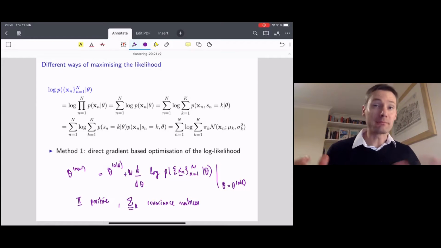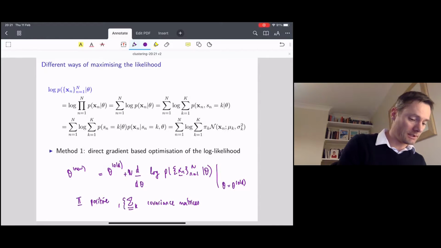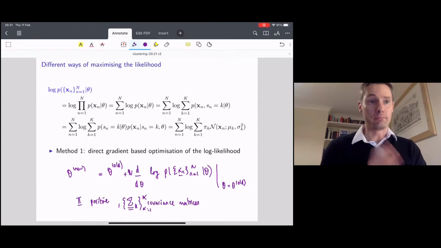So we'd have to be a little bit careful, but it would be doable. We could just carry out some form of gradient-based optimization, which respected the constraints on our parameters to make sure they were valid probabilities in the case of the pi's and valid covariance matrices in the case of all of the covariance matrices. So that is not what we're going to do, although it would be perfectly feasible.